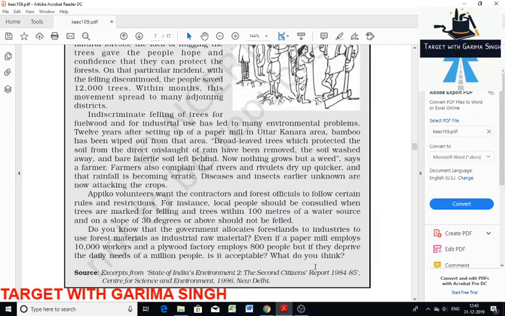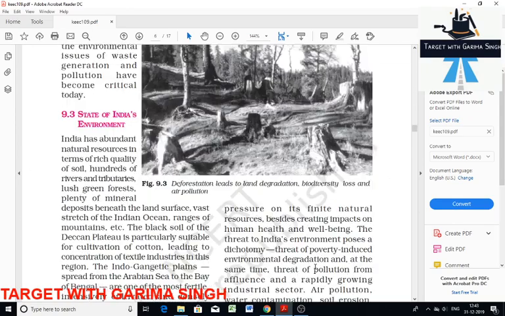These are the factors responsible for land degradation.